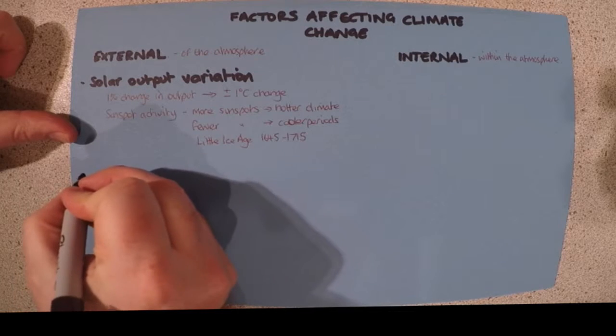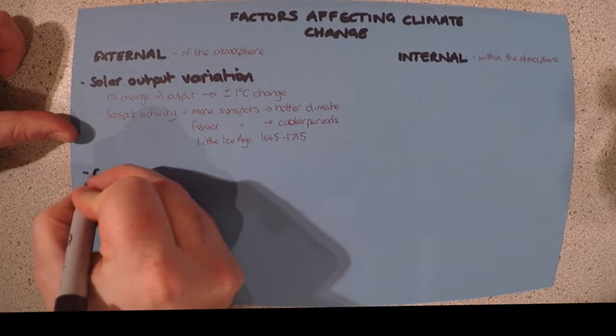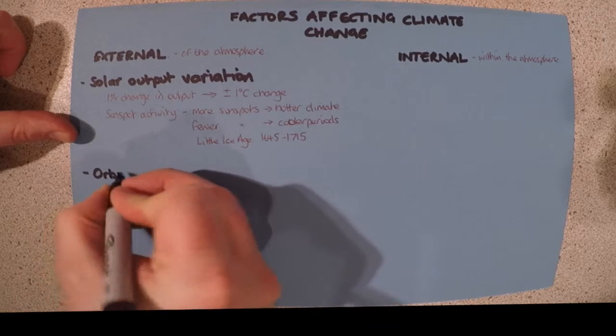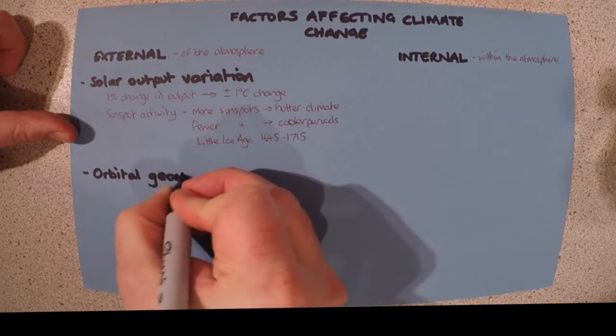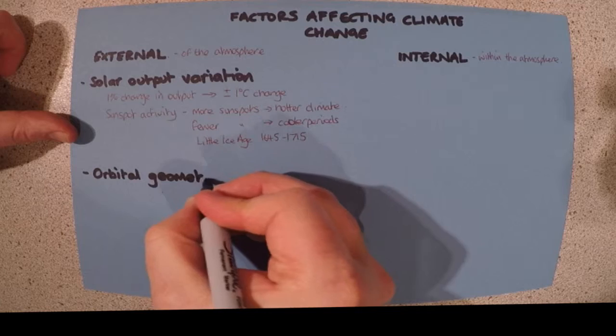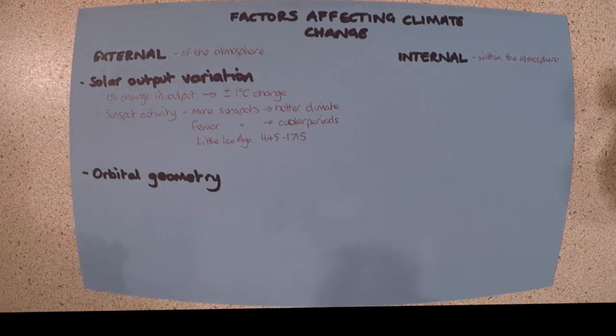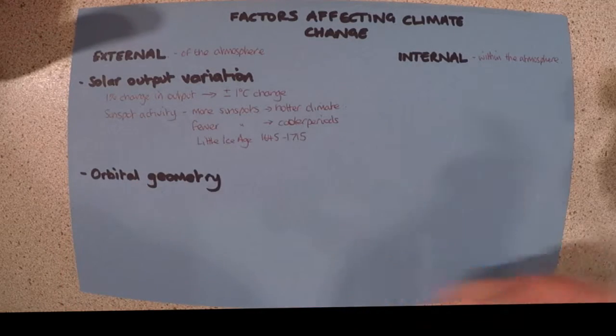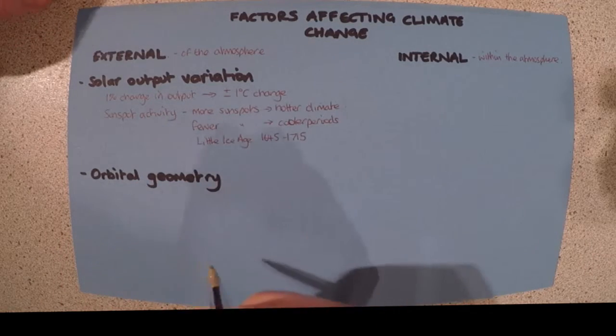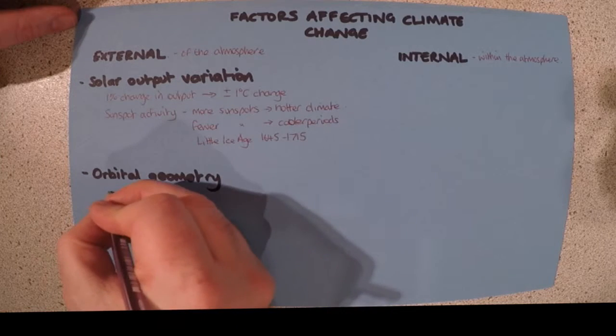Okay, the other external factor is to do with the orbit of the Earth and the angle of the tilt, the angle of the axis of the Earth. Now, basically, the orbit of the Earth isn't, strictly speaking, circular.